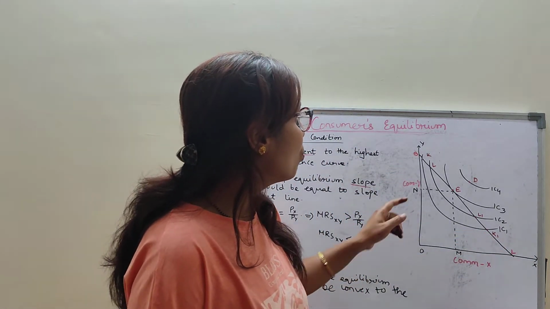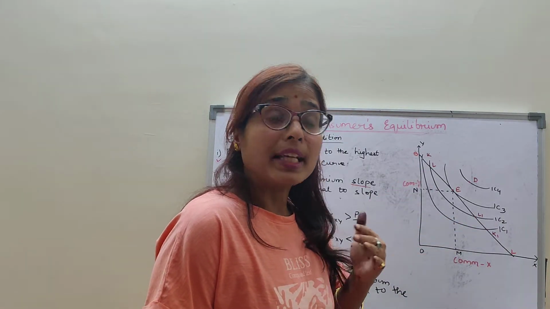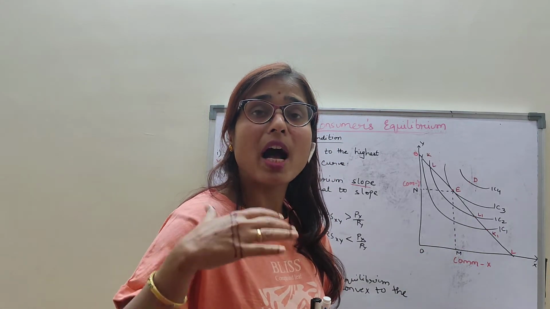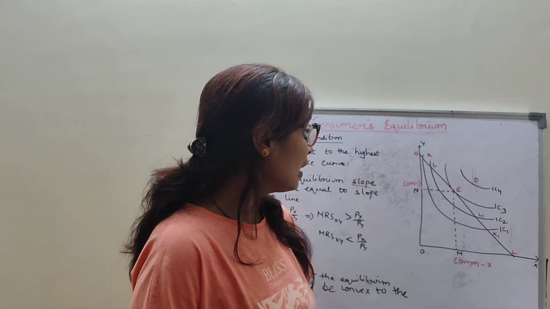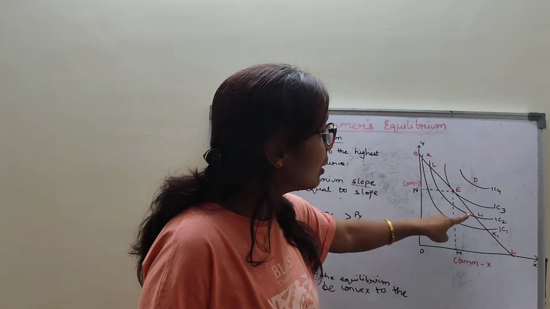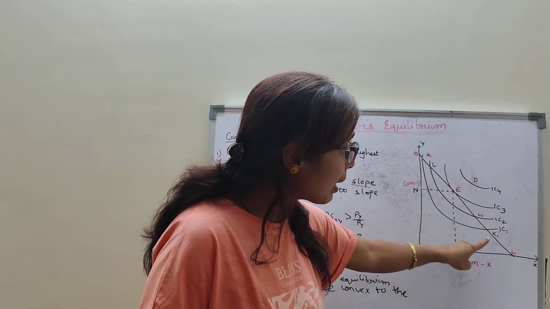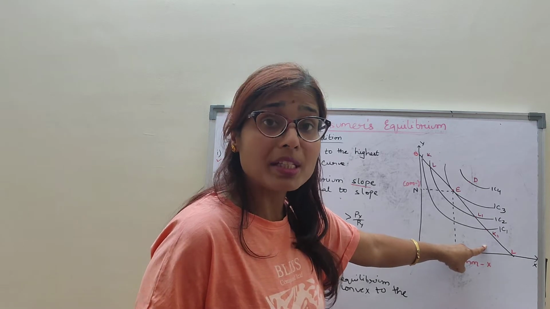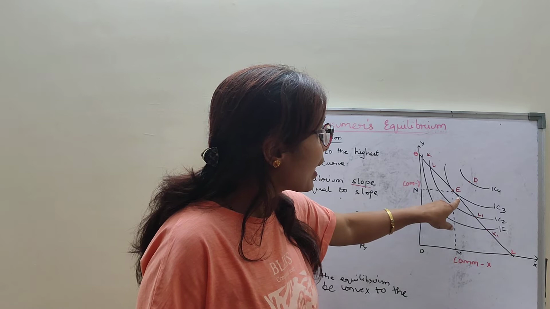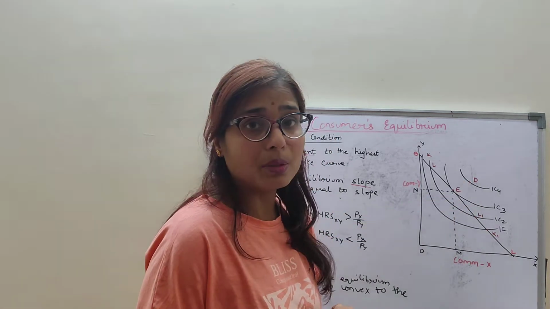Now on IC2, LL1 will give higher satisfaction than KK1 on IC1, because the higher the indifference curve, the higher is the satisfaction. On IC1, KK1 and on IC2, LL1, the budget is the same, because they lie on the same budget line BL, which also means the same expenditure. Clear? Similarly, moving to the right, point E is on the IC3 curve, which is our equilibrium point.